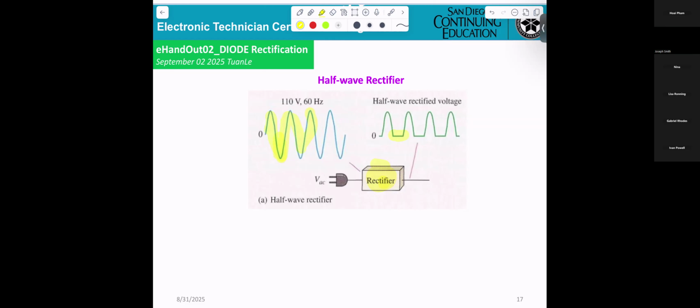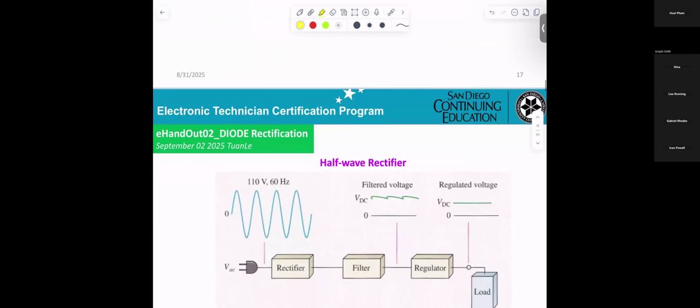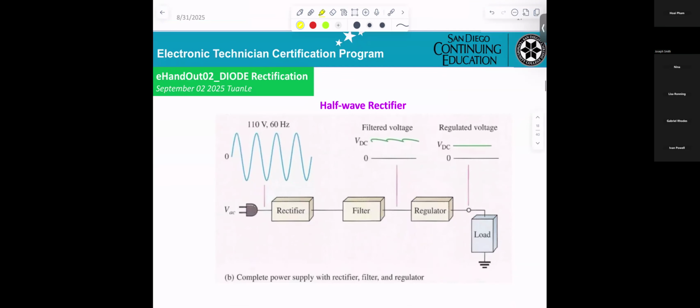They take out the negative part. So basically, you get a full-wave sine wave signal. When it goes into the half-wave rectifier here, they get only positive. And then they go to the filter.